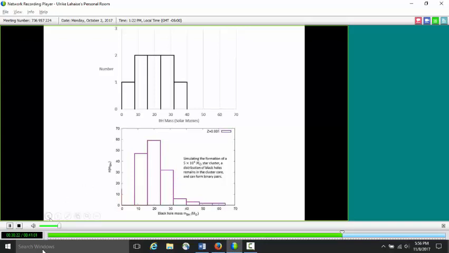So when the universe formed, the only elements that existed were hydrogen and helium. And all the other elements are generated by stars and nuclear processes associated with stars. As time goes on, the composition of the material from which stars form is enriched in these other elements.